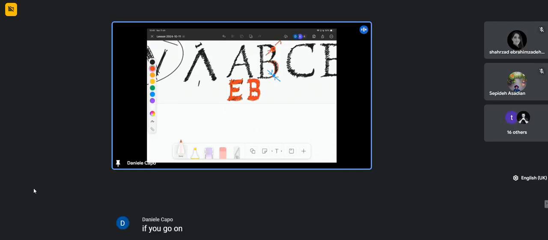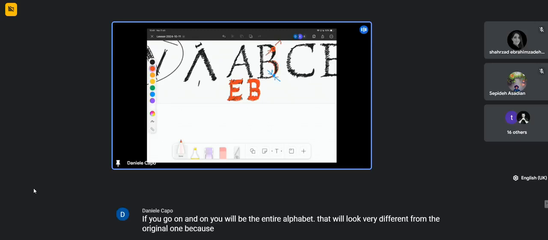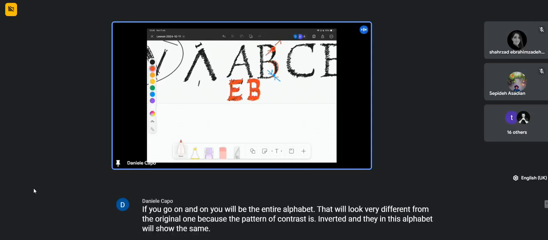If you go on and on, you will build the entire alphabet that will look very different from the original one because the pattern of contrast is inverted, and this alphabet will show the same structure of the previous one, but it will convey a completely different feel.